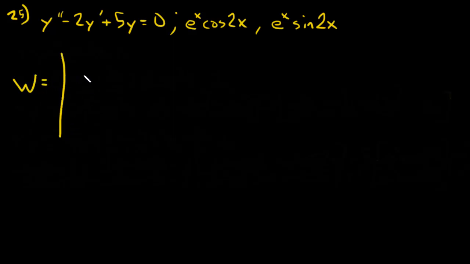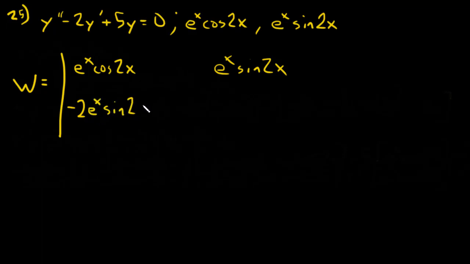So it's going to be the determinant of, I'm going to have e to the x cosine 2x for the header of the first column, and then e to the x sine 2x for the next column header. And then the derivative of this, and the derivative of this was negative 2 e to the x sine 2x plus e to the x cosine 2x.